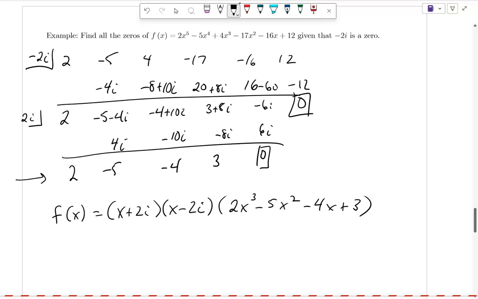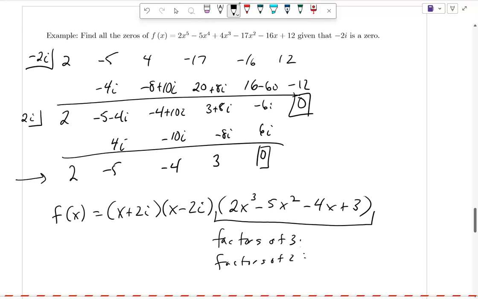All right. Then I'm going to ask you, looking at this polynomial, not the original, but this polynomial that I just underlined, what are the possible rational roots? So what are we going to look at for the possible rational roots? Factors of 3 and factors of 2.